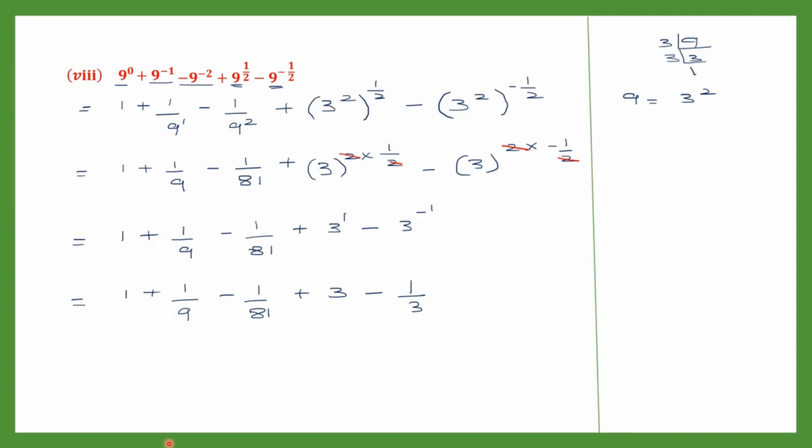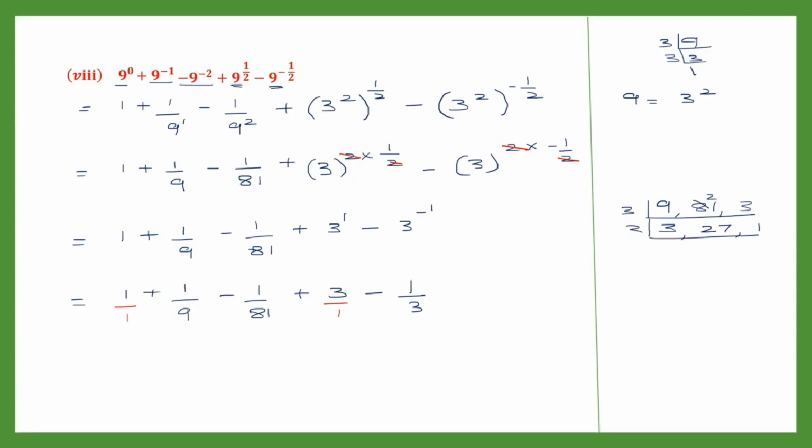So now here let's add and subtract these as fractions. So here we give it the denominator 1, here also we'll give it the denominator 1. Now we have to find the LCM. So let's find the LCM of these numbers: 1, 9, 81, 1 and 3. So we take only these, that is 9, 81 and 3. Let's find the LCM using 3. 3 3s are 9, 3 2s are 6, 2 left, 21, 3 7s are 21, 3 1s are 3.